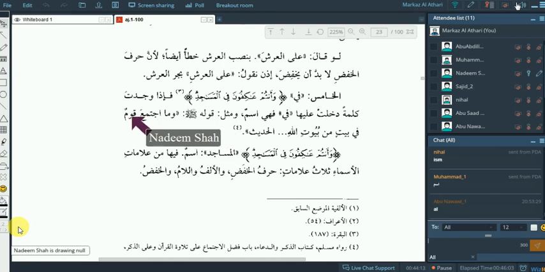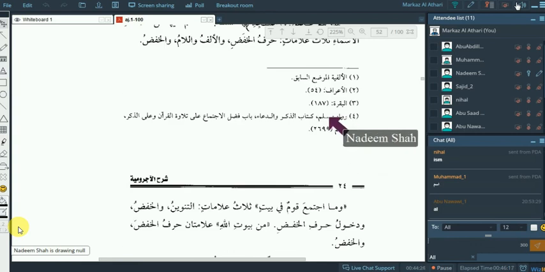Ma ijtama'a qawmun, never do a people come together, fi baytin min buyutillahi, in a house from the houses of Allah. Ila al-hadith, meaning, to the end of the hadith.